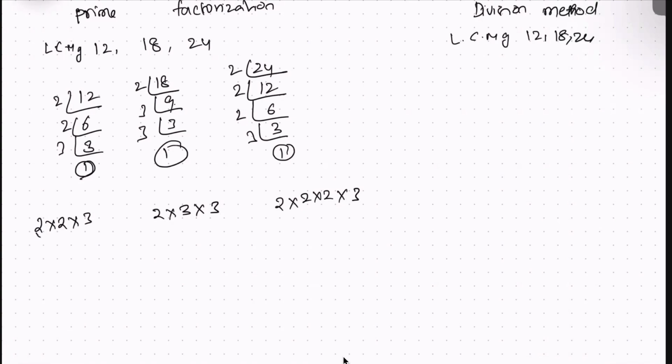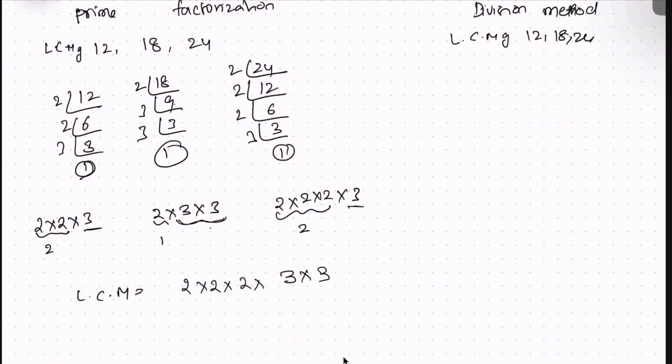So in this case 2 occurred 2 times, in this case 2 occurred 1 time, in this case 2 occurred 3 times. Now you have to choose the maximum, which is 2 times 2 times 2, right? And for 3 it is 1 time here, 2 times here, and 1 time here. So the maximum number of occurrences is 2 times.